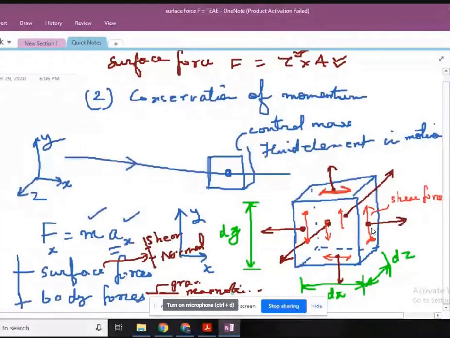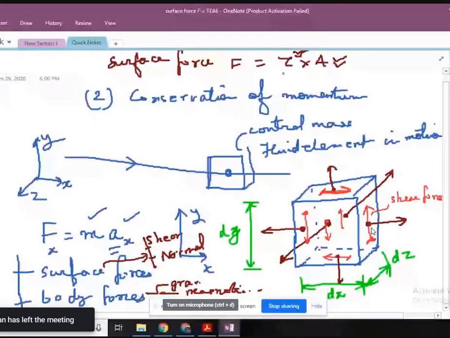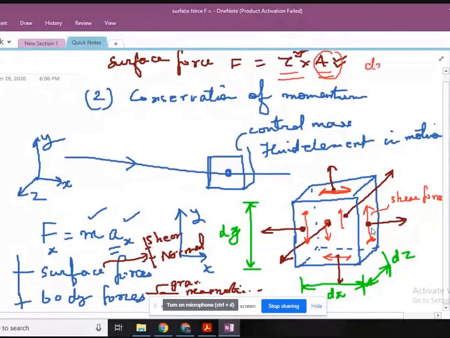Okay. So now I am interested in identifying the stress acting on the face of the fluid element. I am interested in this because I know the area. If you have dx, dy, dz available from the geometrical thickness of the fluid element, I can easily calculate either dx into dy, or dx into dz, or dy into dz.